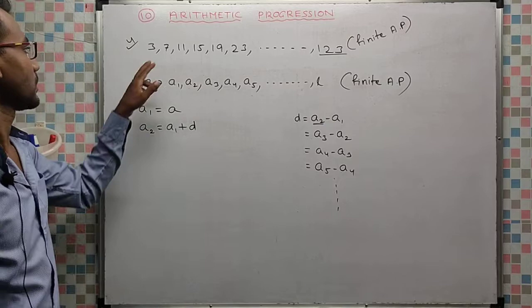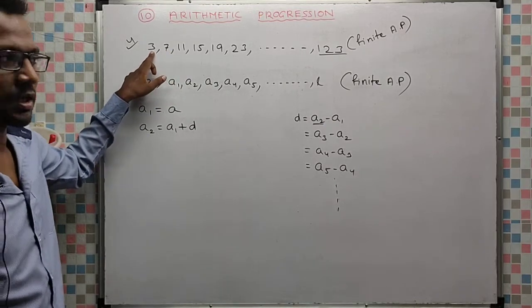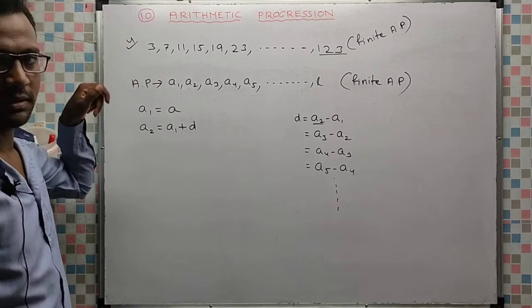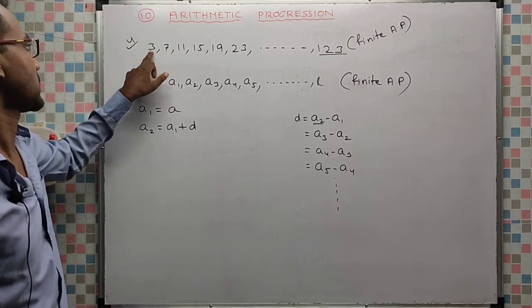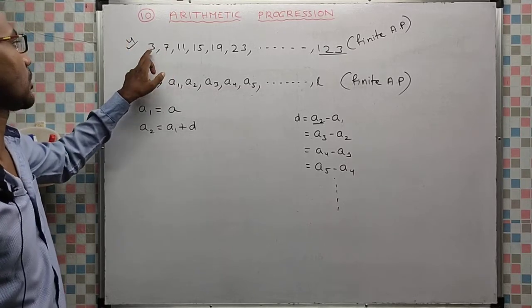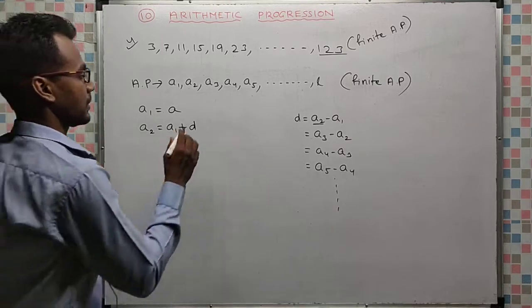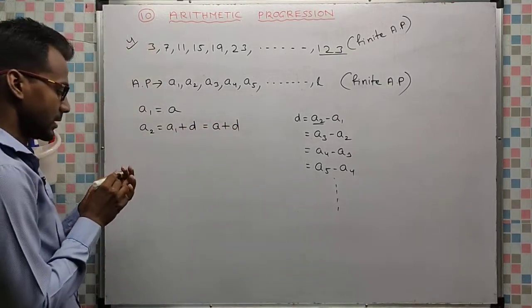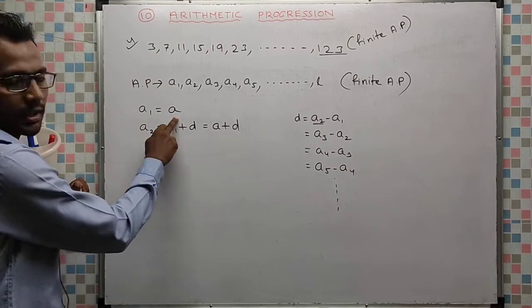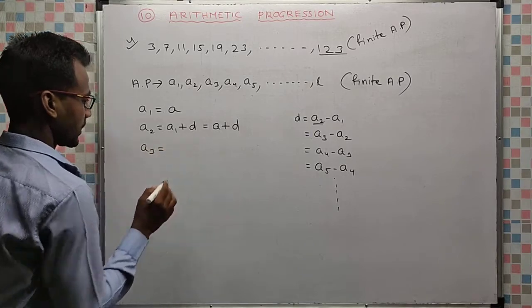How to get 7? 3 plus 4, which means A1 plus d. The second term is equal to the first term plus the common difference. A2 is equal to A1 plus d, which is equal to a plus d, because what is A1? It is a.